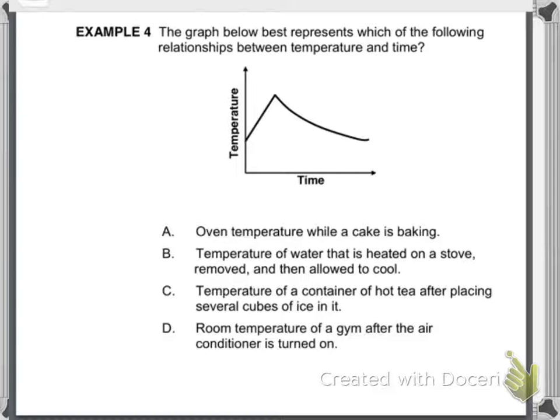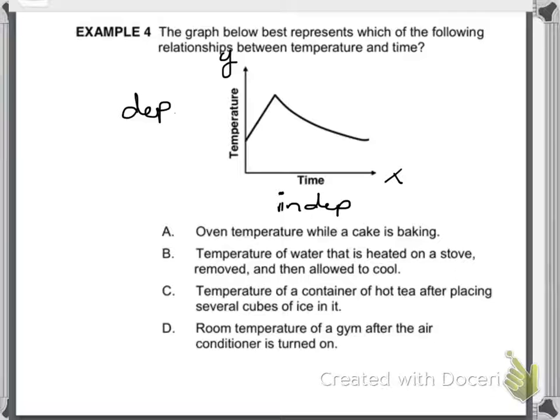Just to remind you, this is our x-axis, and this is our y-axis, and this is your dependent variable, and this is your independent variable. X is always the independent, and y is always the dependent. So let's draw some graphs out here of what we think these things might look like.